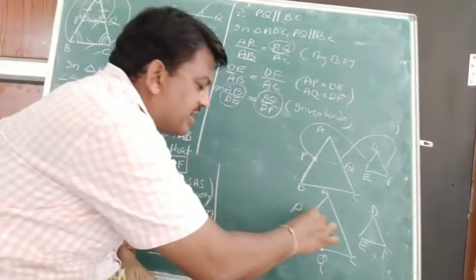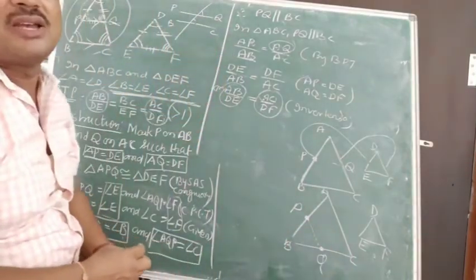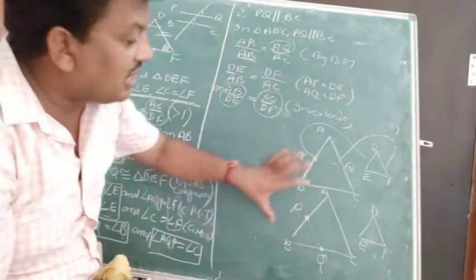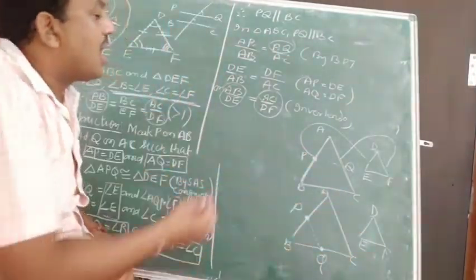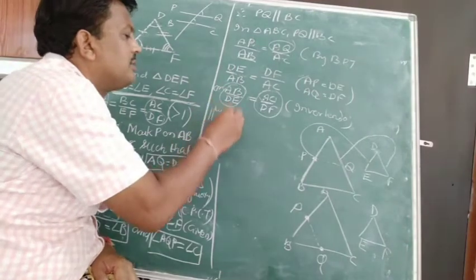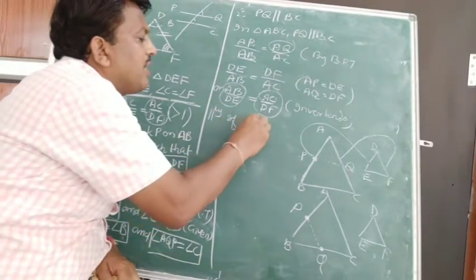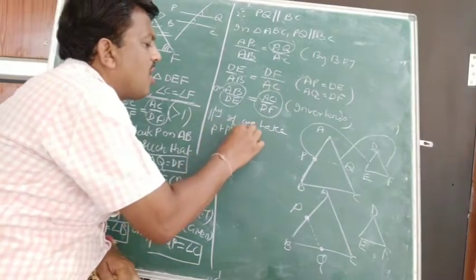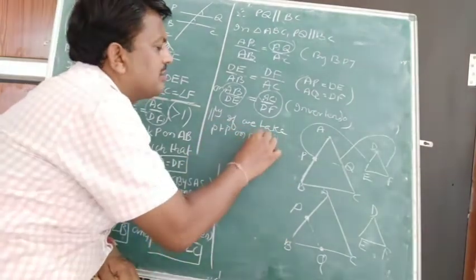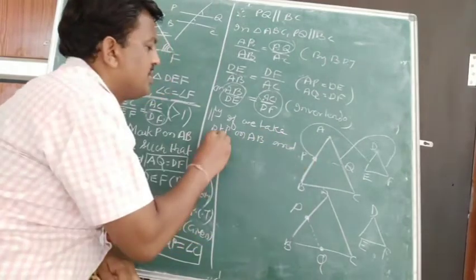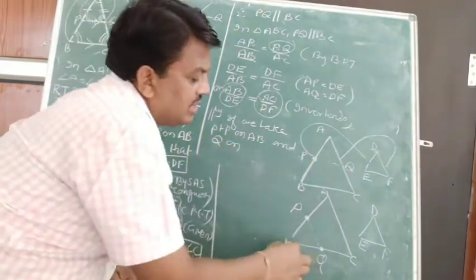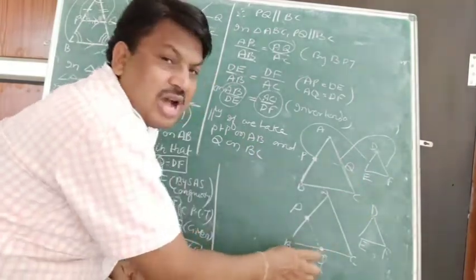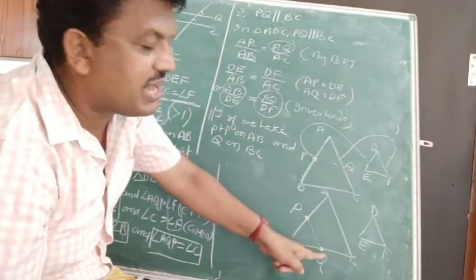If I have taken the point on AB and BC, I would get the relation between AB and BC. Similarly, if we take point P on AB, and instead of taking Q on AC, we are going to take Q on BC.